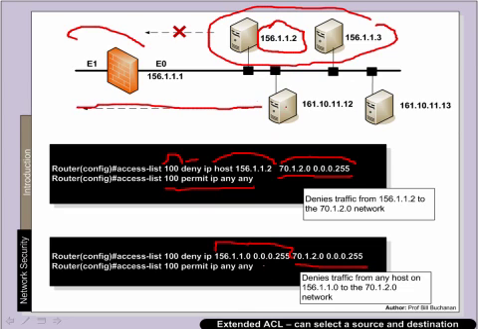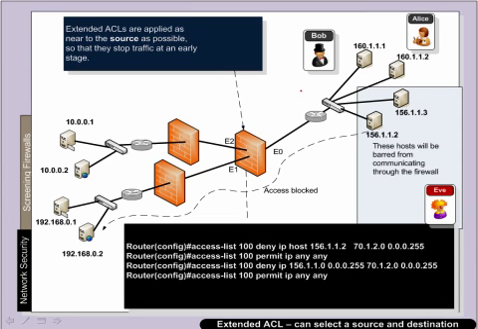So data packets coming from here will be allowed. Data packets going to any other network rather than the 70.1.2.0 network will be allowed, but anything going to that network from these hosts will be barred. The good thing about an extended ACL is that it is much more targeted. So now we can apply it to an interface early on, and we can filter it.